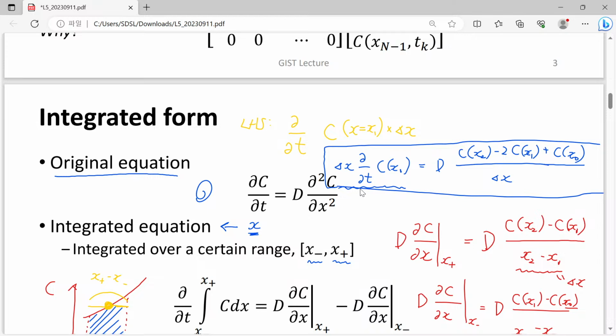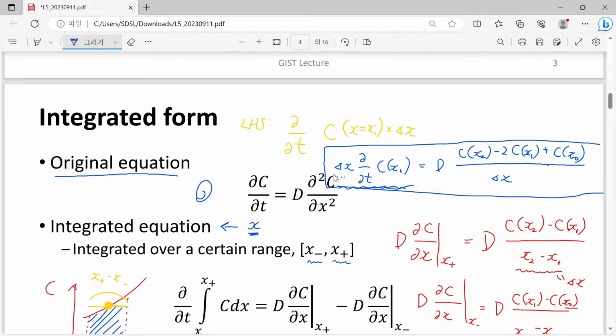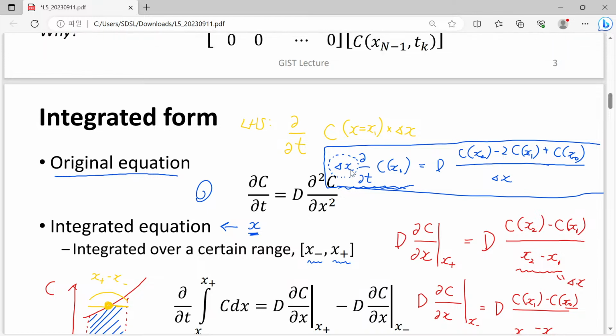Here we have just ∂/∂t of our concentration, but here we have something annoying, the delta x. So in order to match it, why don't we just delete this delta x and put it here? Then we will have this form.